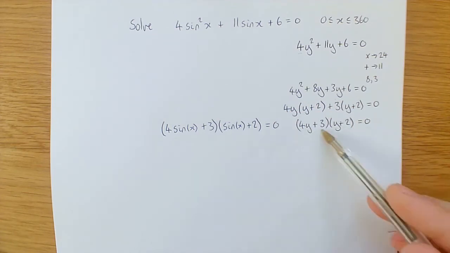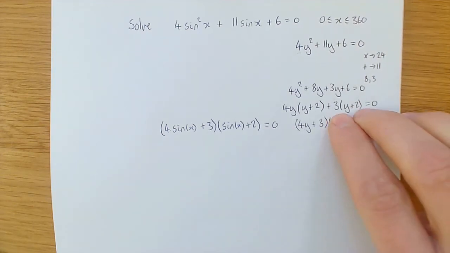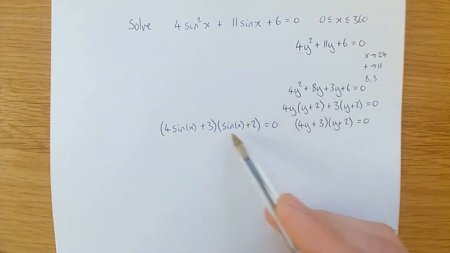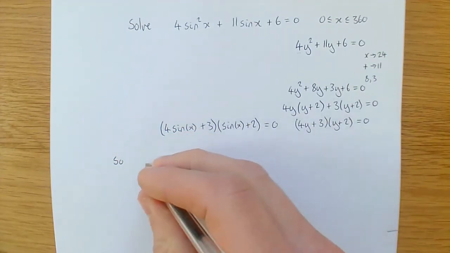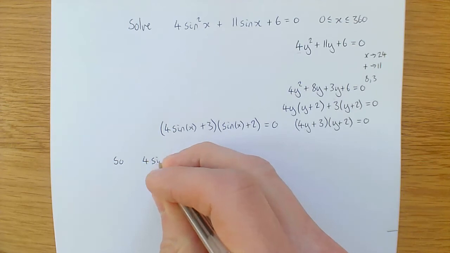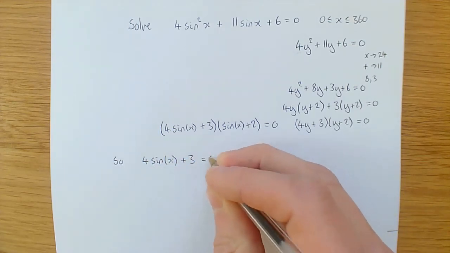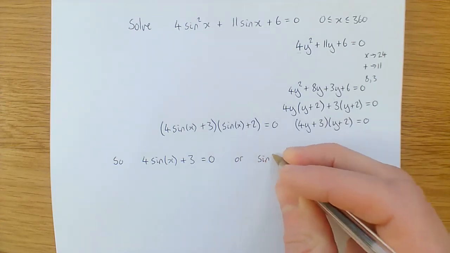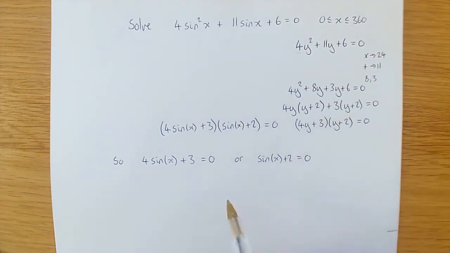Well, if this thing equals 0, then either that bit equals 0 or the other bracket equals 0. So either our 4 sine of x plus 3 bracket equals 0, or our sine of x plus 2 bracket is equal to 0. One of these two must be true.